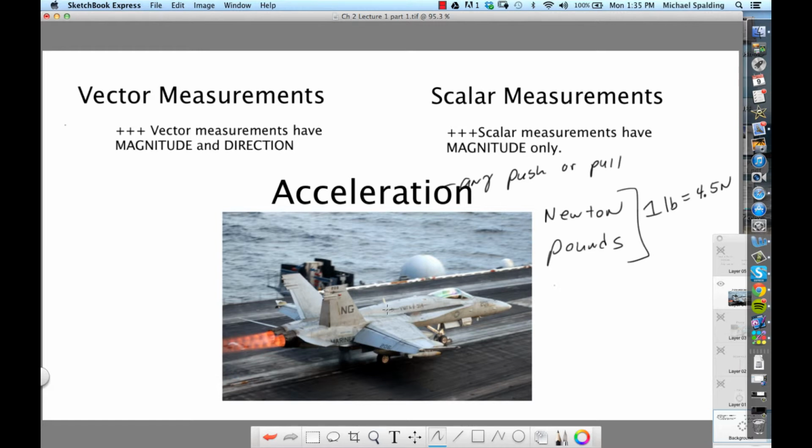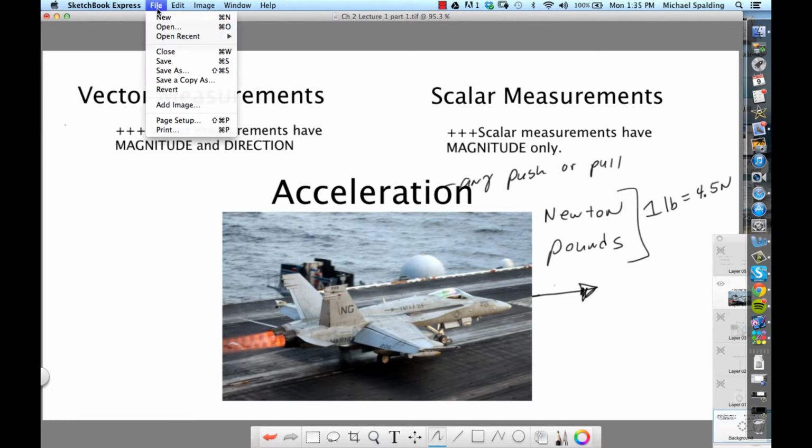Is there a direction to its acceleration? Yeah, forward to the right. This guy is accelerating that way, off the aircraft carrier.